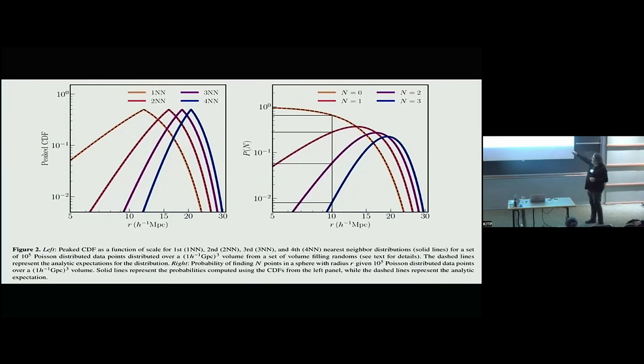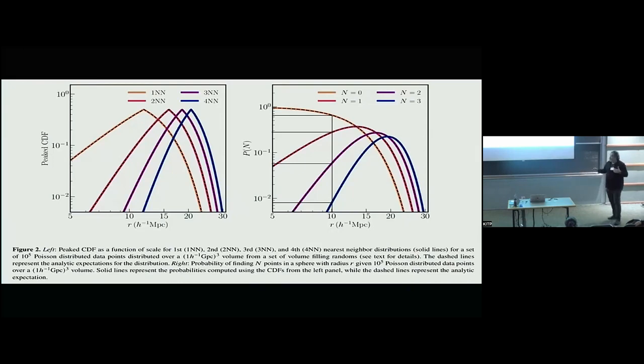This is the probability of finding 0 points as a function of volume, and I got all the volumes in one go. Previously, when people do counts in cells, they throw 1 million spheres and count the fraction of spheres that had 0 points in them. But they had to do it for each size of sphere they wanted. So this is much, much more efficient, to get it all in one go.